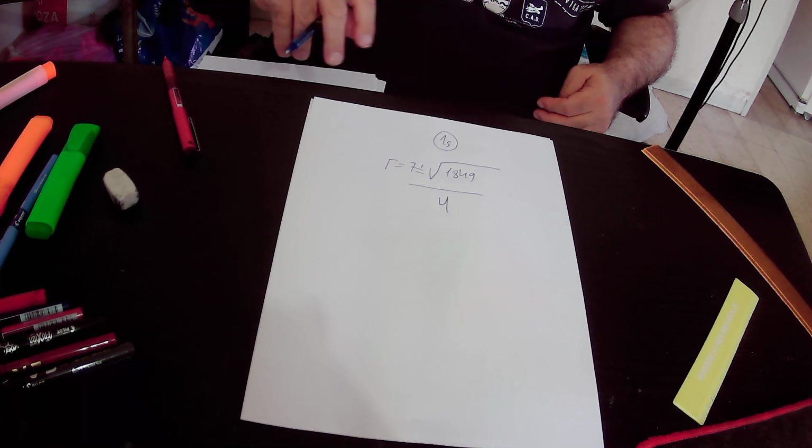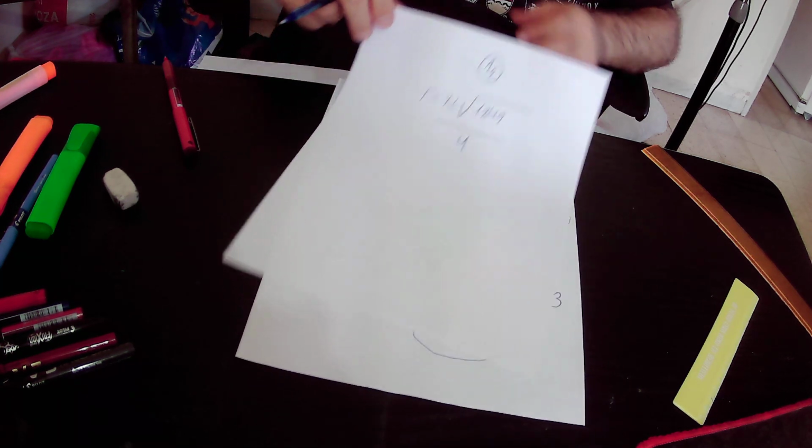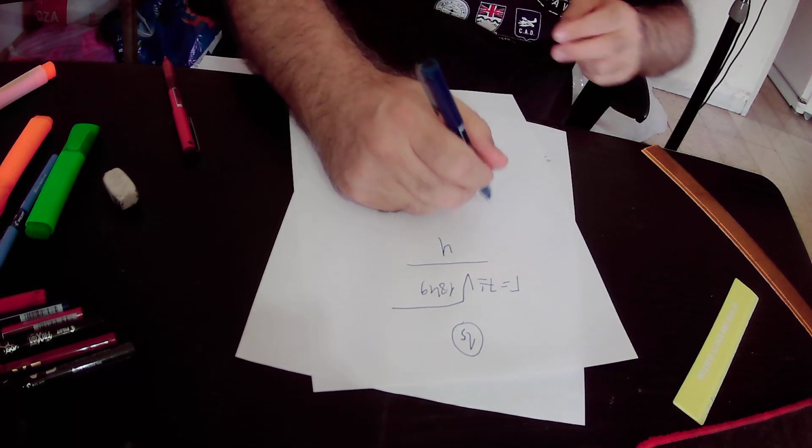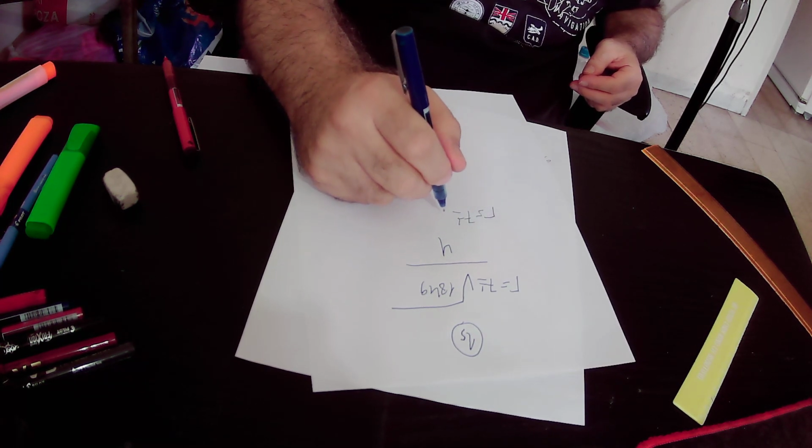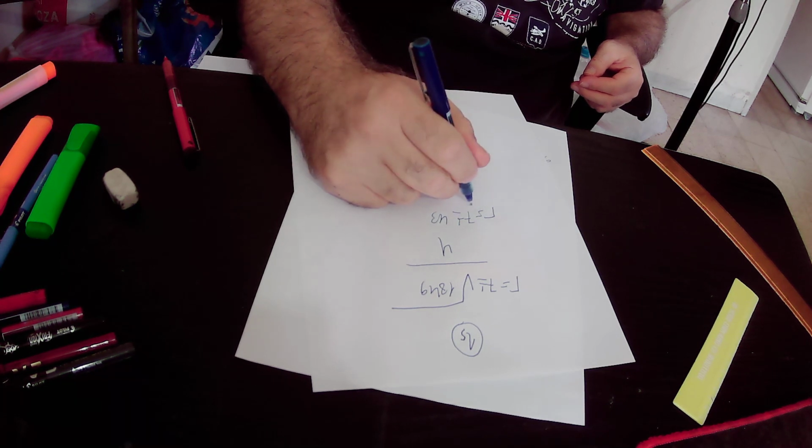The root of 1849 is 43, so I will write it down. We got that r equals 7 plus minus 43 over 4.